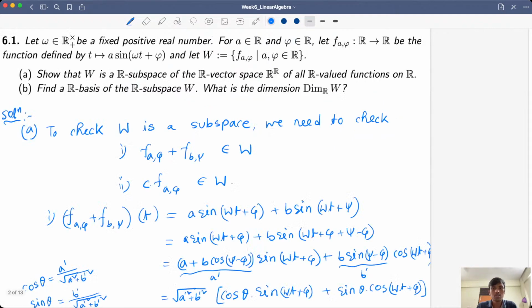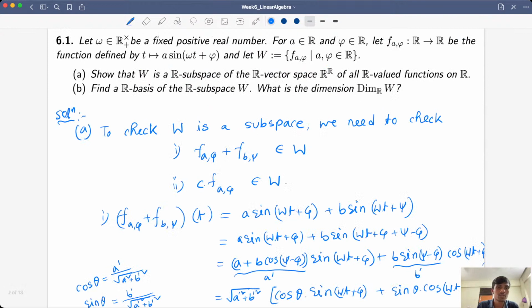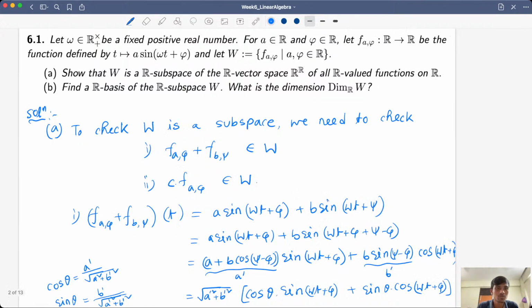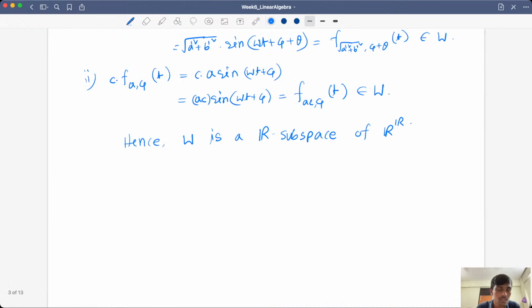Fine. Once this is a subspace, we need to calculate the basis of this W. Any element, if we see the representation of this f of a, phi, we can clearly get the basis. So for any a, phi belonging to R, f of a, phi of t, what is it?